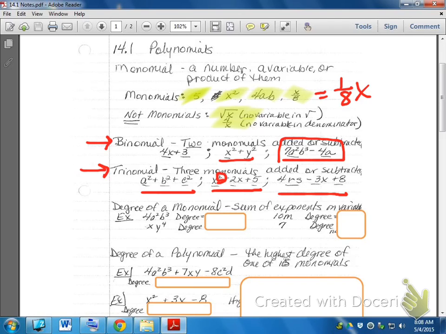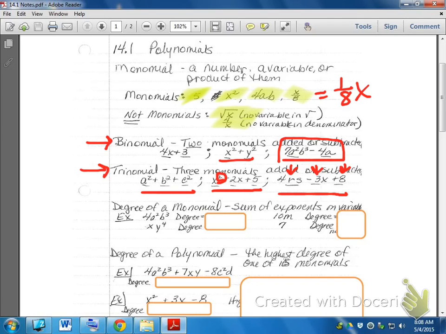There's 3 different terms added and subtracted: 1, 2, 3. So you will have to be able to identify if a polynomial is a monomial, binomial, or trinomial. And if it's more than 3, then you would just say it's a polynomial. We really probably won't have too many of those. So they are all polynomials, but you can name more specifically monomial, binomial, trinomial.